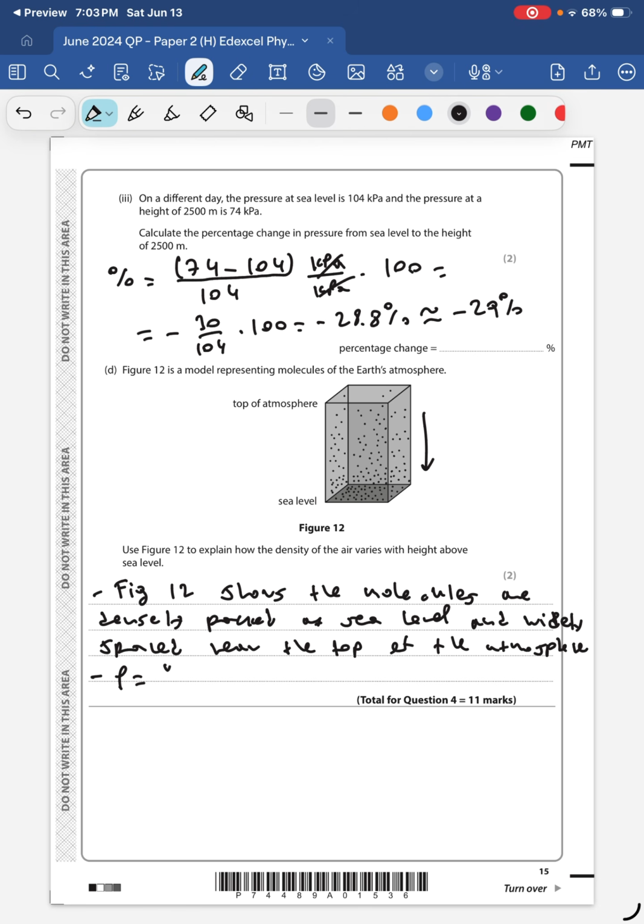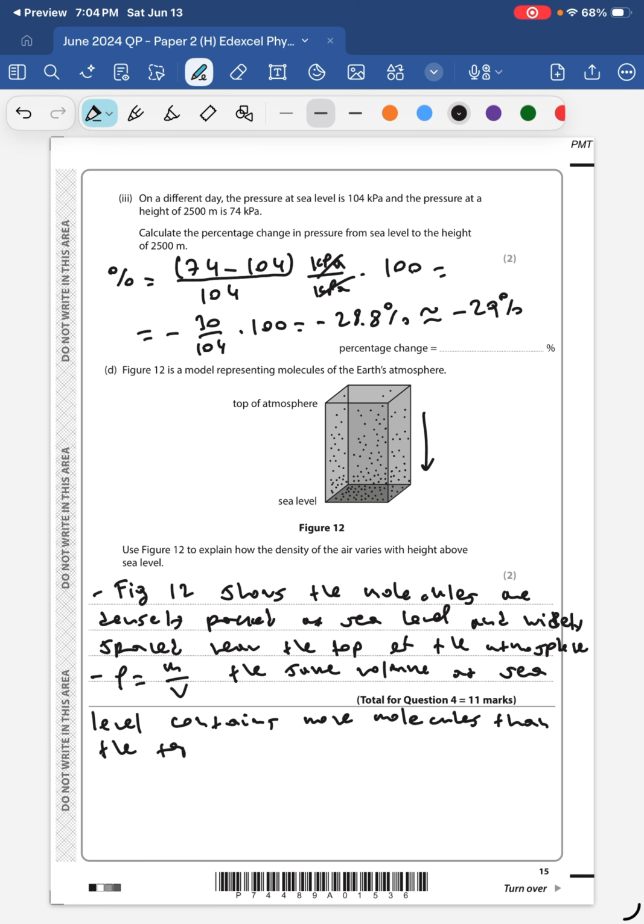Since density is mass per volume, the same volume at sea level contains more molecules than the top, right? So density decreases as height increases.